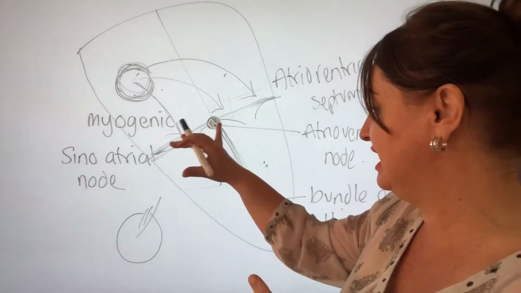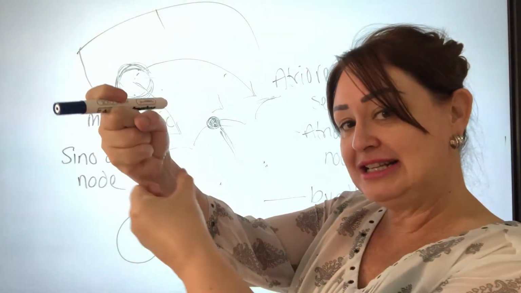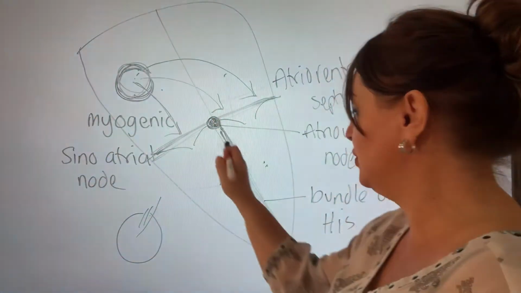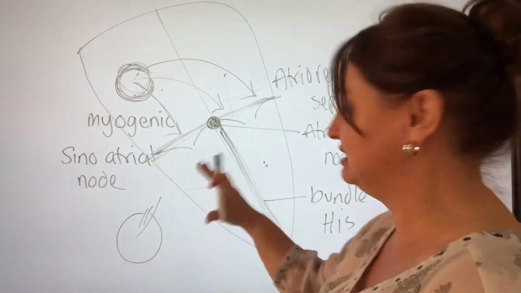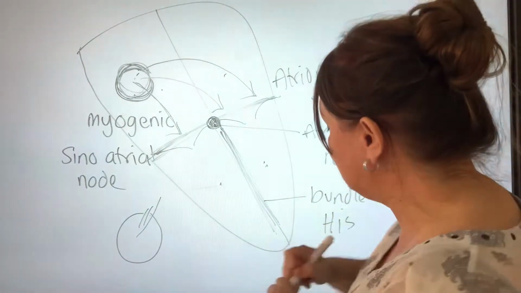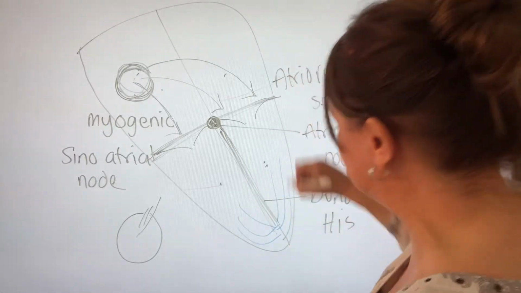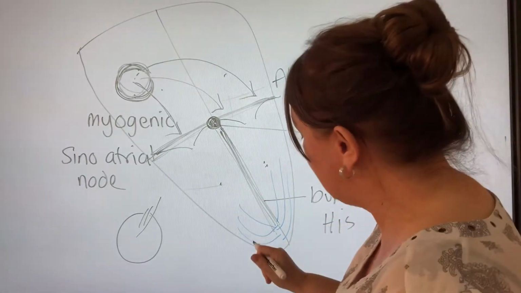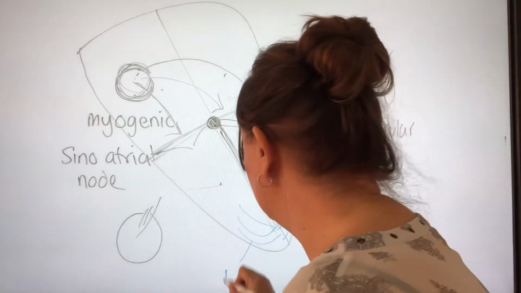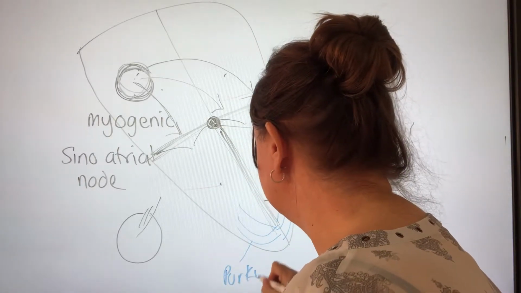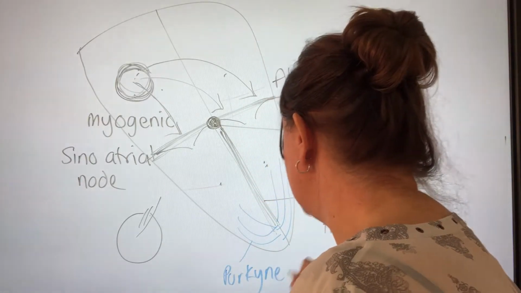And that bundle of His carries almost like an insulated bunch of wires down through the septum that separates the ventricles. And as it comes to the bottom, it then frees up and is uninsulated, if you like, and these are called the Purkinje fibers.